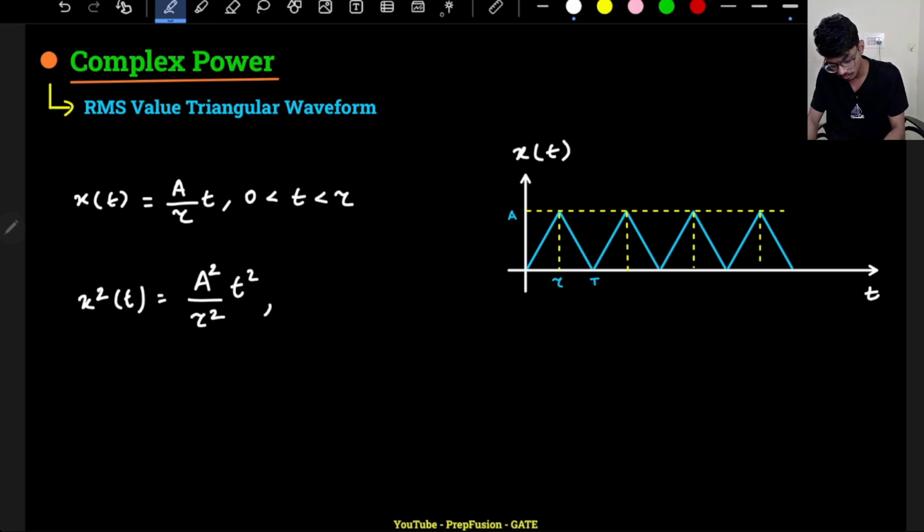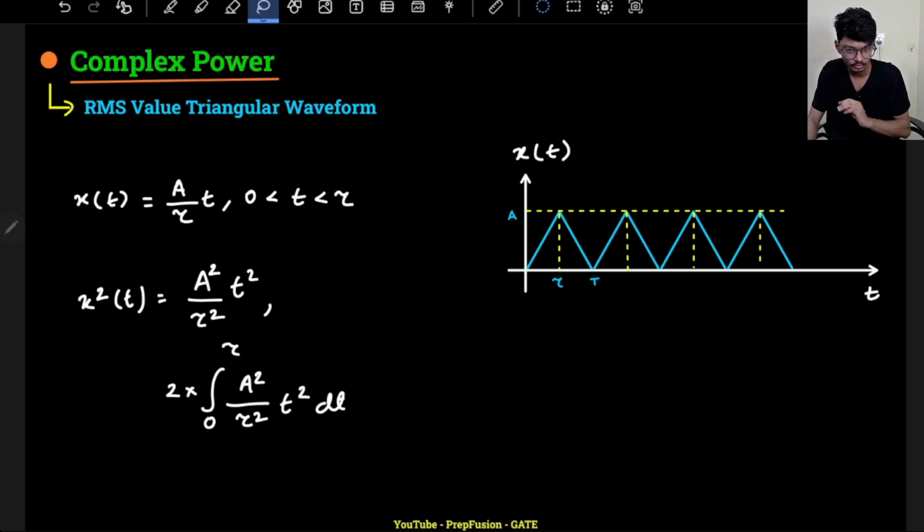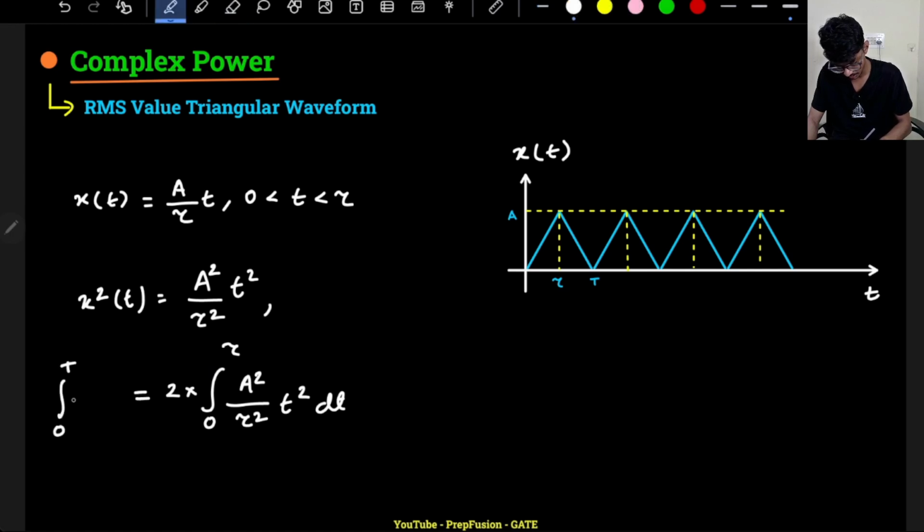As I have told you that the area is symmetrical, I can just calculate the area till tau and then simply multiply by 2. That will be enough. So this will be equals to the integral of x square of t dt from 0 to tau.